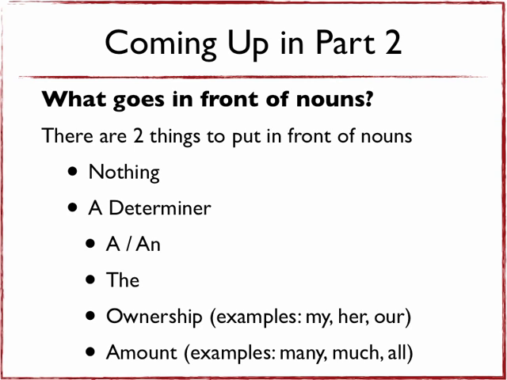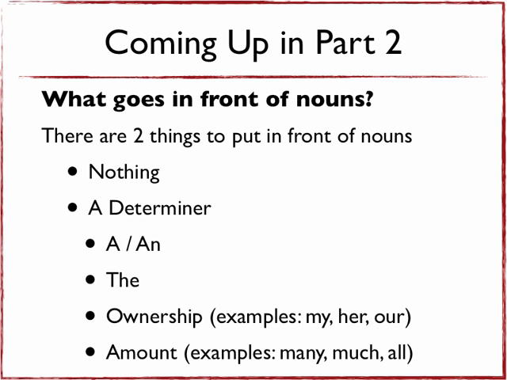Coming up in part 2 of the introduction of nouns, we are going to talk about what goes in front of nouns. There are 2 things to put in front of nouns, either nothing or a determiner. There are many kinds of determiners. Some are articles, such as a, an, or the.